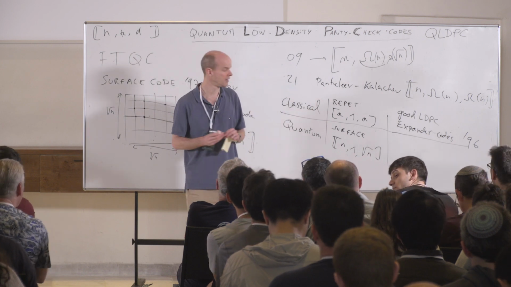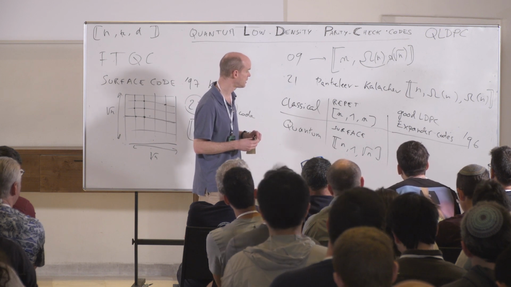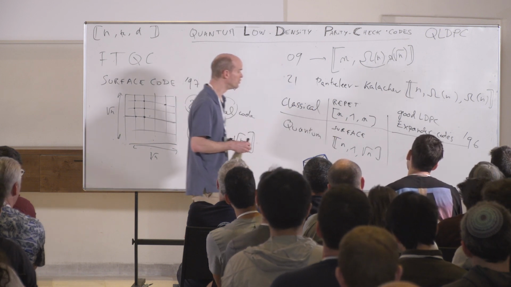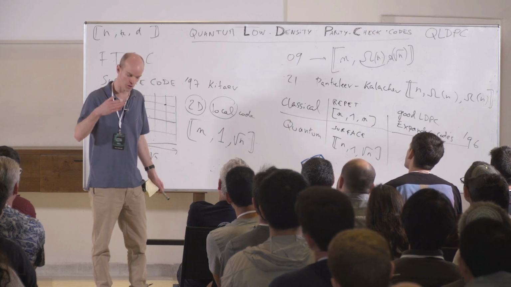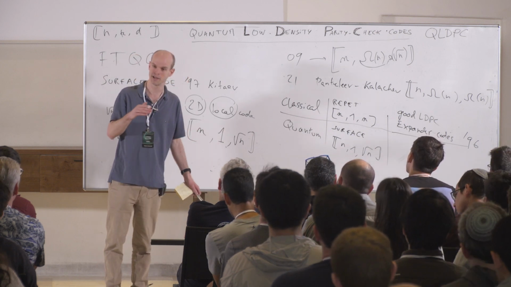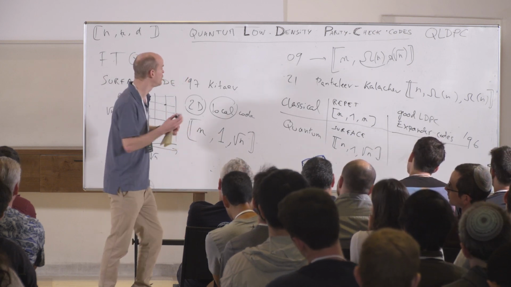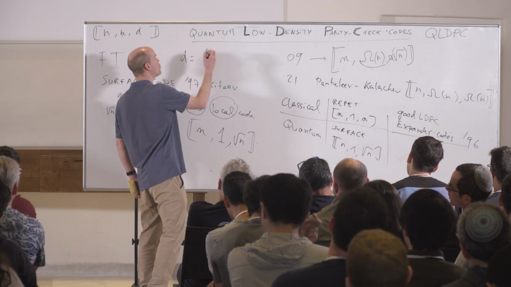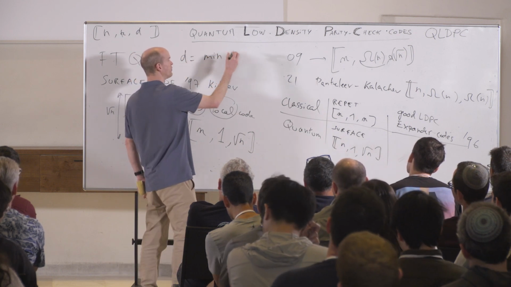Is the distance N over 2 in classical? The N over 2 would be the number of errors that you can correct. The distance of a code is the minimum weight of a code word X in the code which is different from 0.